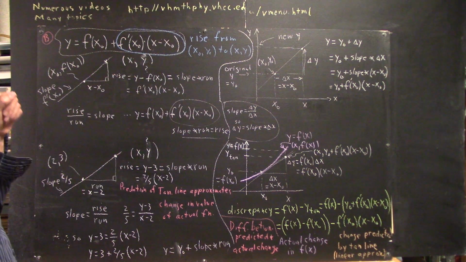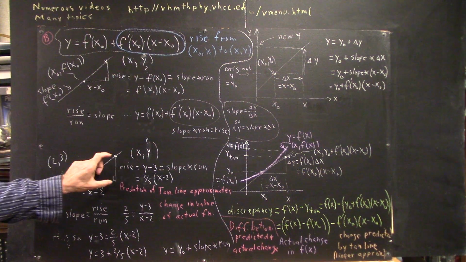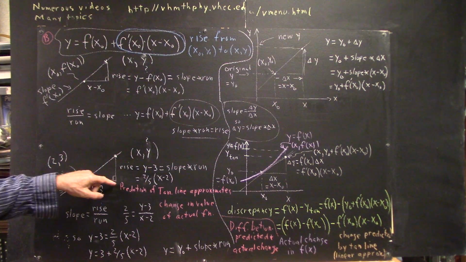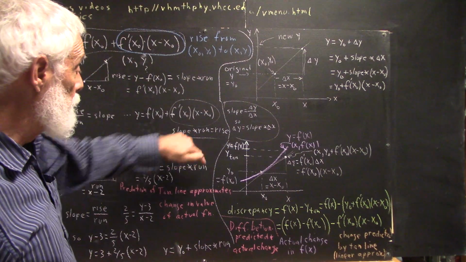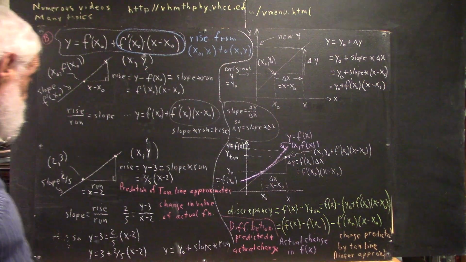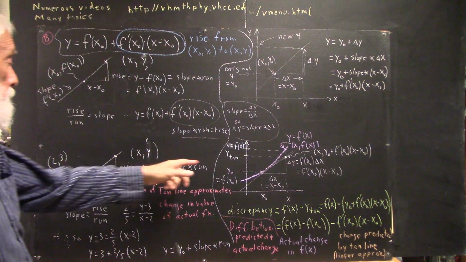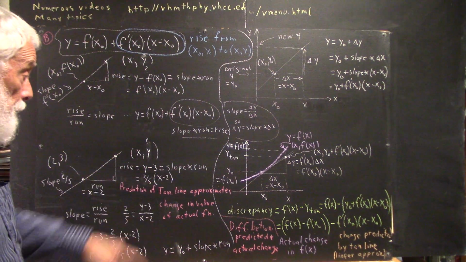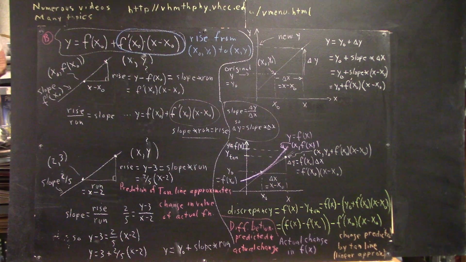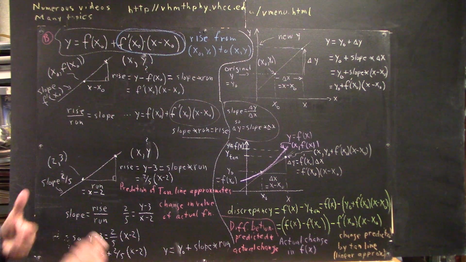So the rise, which is y minus 3, obviously, because the y coordinate here is y and this coordinate is 3, is y minus 3. That's got to equal the slope times the run, which is 2/5 multiplied by x minus 2. Okay? So, a lot of ways to write this.